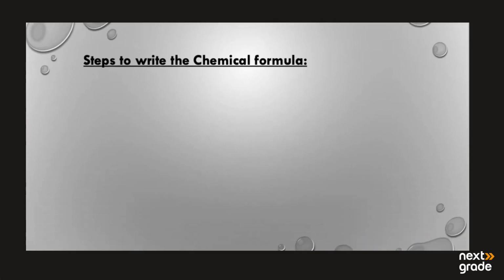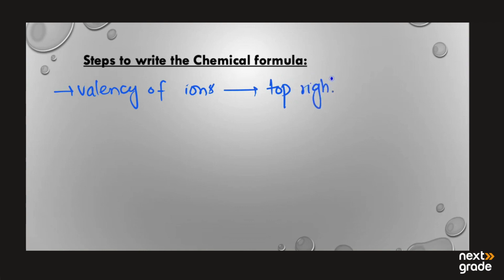Next we have the second step, the valency of each ion. We need to check the valency of the ions, and it must be written at the top right corner of its symbol.